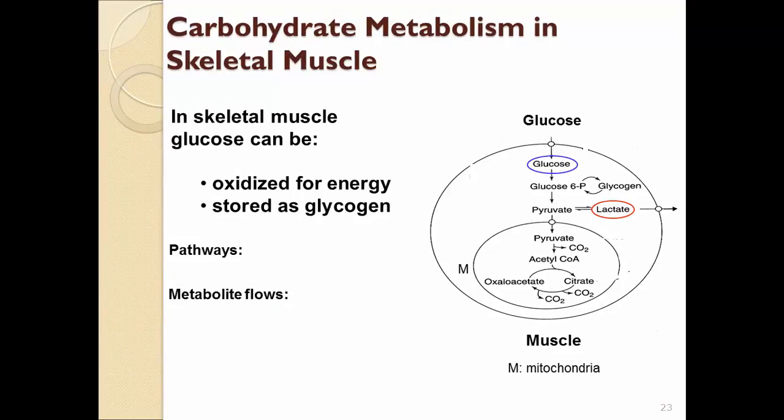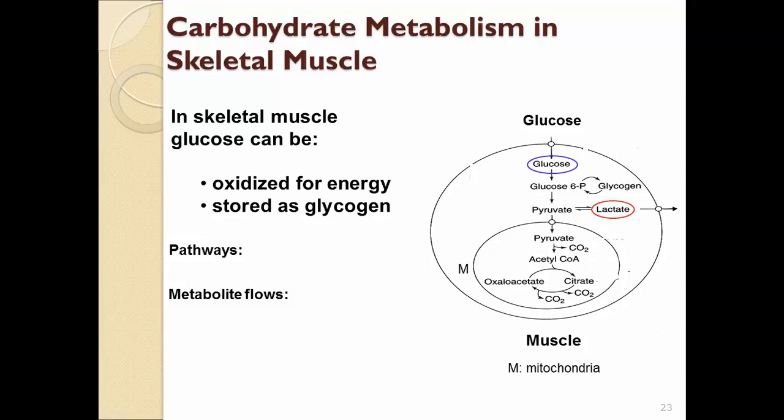Skeletal muscle. So skeletal muscle has a little bit fewer metabolic pathways, right? That means glucose can be metabolized through some pathways, but not the other pathways. For example, glucose can be taken up into the muscle cells in the fed condition for glycogen synthesis, right?